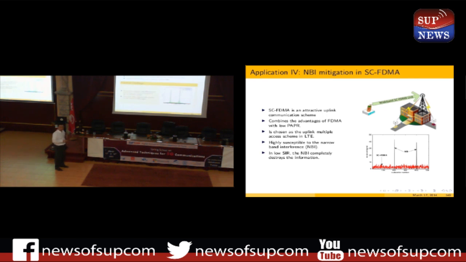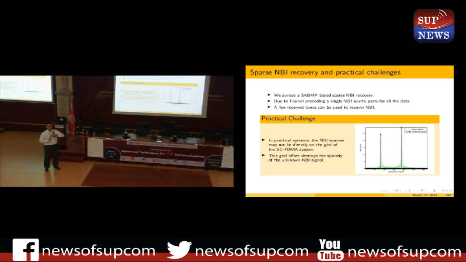So when you sample, the grids of the two systems might not be aligned. And so what was an impulse in the frequency spreads out because things are not aligned. And so instead of having to estimate just a single pulse, now you have to estimate a spread pulse. Okay, so things become much more difficult.